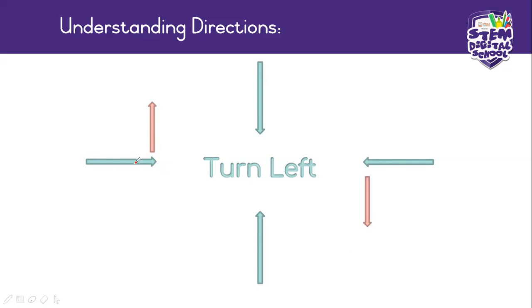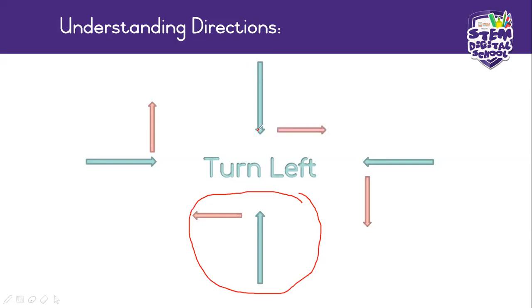If he's facing that way, left will be up. If he's facing that way, left will be down. If he's facing up, left will be this way, the same as your left. This one, if he's facing this direction, it will be the same as yours when you look at the screen. But if he is facing you, it will be the opposite.